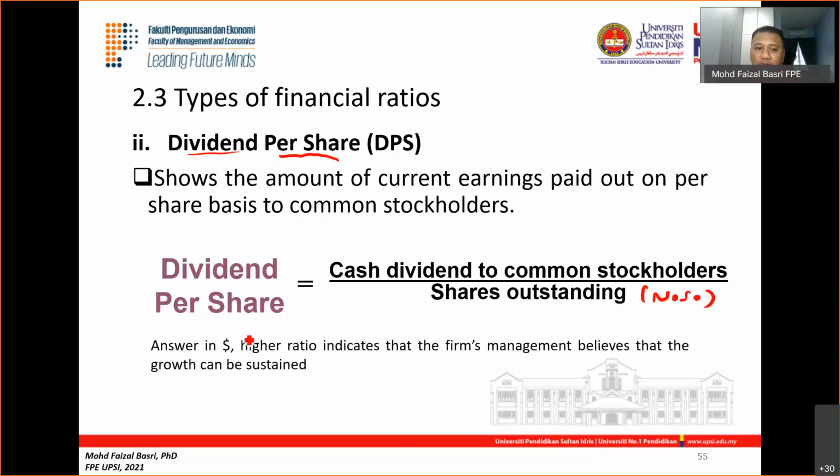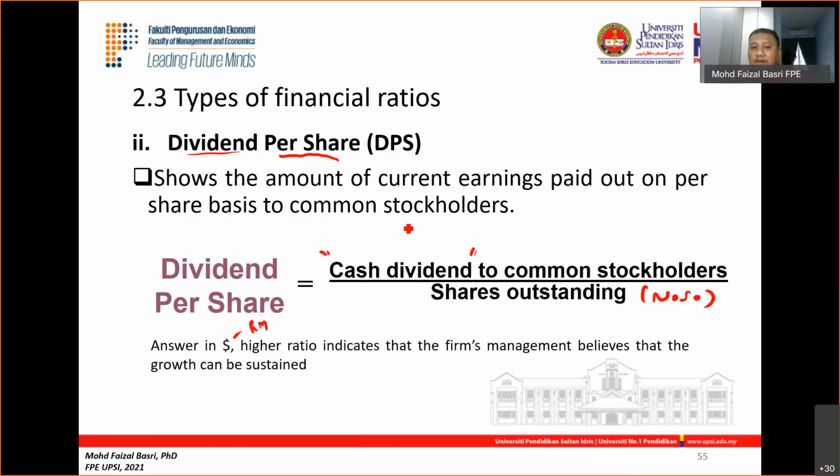Okay, again, the answer will be in ringgit. The higher the ratio, the better, because it indicates that the firms believe that the growth can be sustained and therefore they will give out dividend to the shareholders. Specifically cash dividend. In business, dividend can be given out as cash or in other forms.